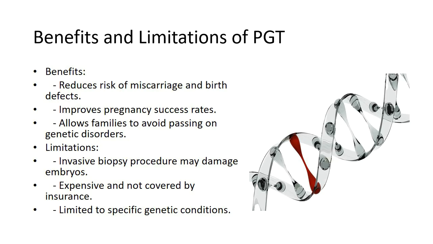Limitations: cost and complexity. The process is more complex and expensive as it requires in-depth genetic analysis. Availability: not all genetic conditions are amenable to PGT-M, and it requires specific genetic counseling and testing.